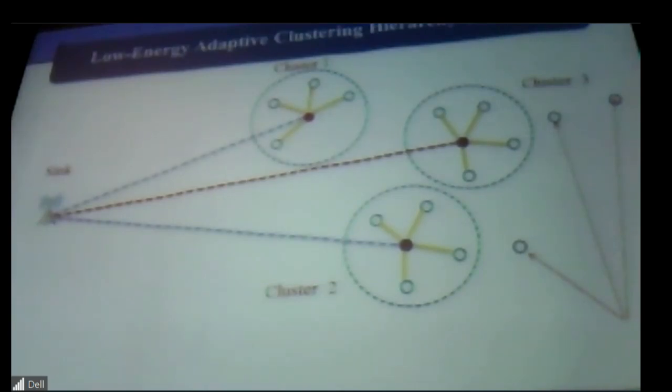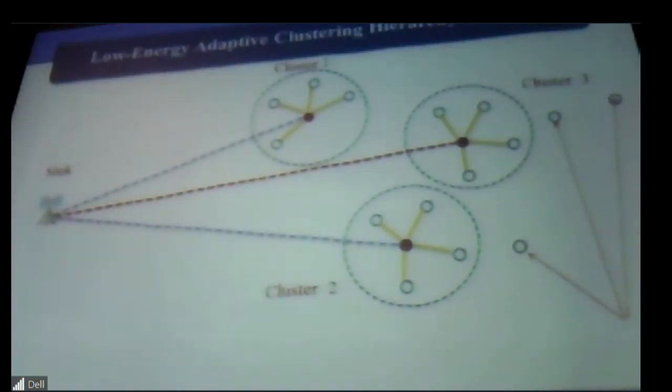So our research would be to mix all, and we get the new algorithm. So we want to find the real algorithm, let's say quick research algorithm, how to find the alternative cluster head.